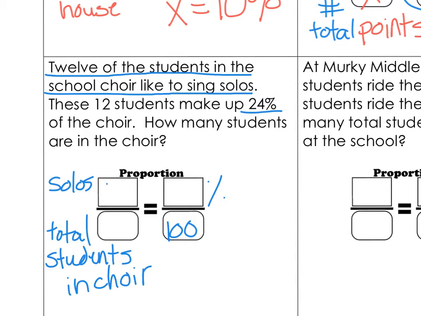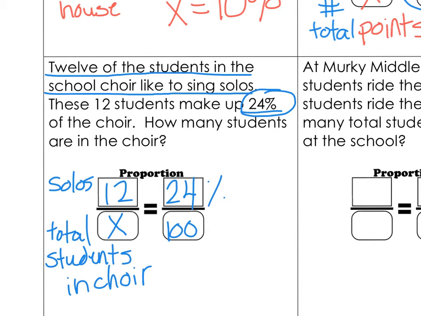Okay. So it says 12 of the students in the school like to sing solos. So we know 12 is the part. And then here it says these 12 students make up 24%. So here we can put 24 next to the percent, which means we're trying to figure out how many total students are in choir. Well, this one here has a nice, pretty scale factor.